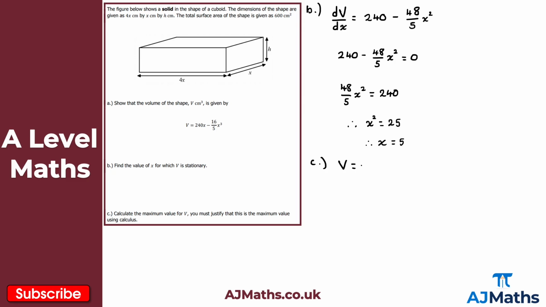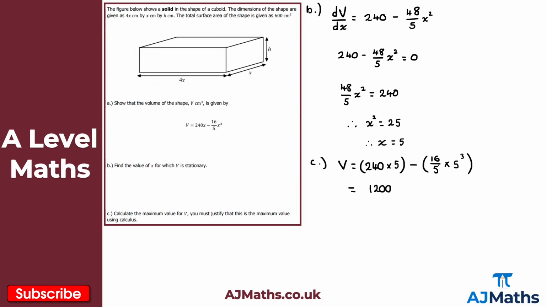So V is equal to 240 times by 5, and then we subtract here 16 over 5 times by 5 cubed, like so. Well, 240 times by 5, that would give me 1,200. 16 over 5 times by 5 cubed, so that's 125.